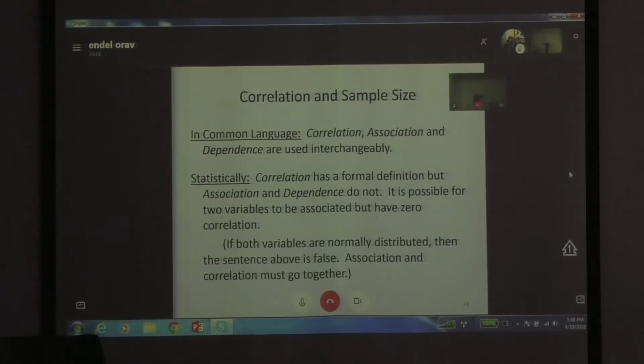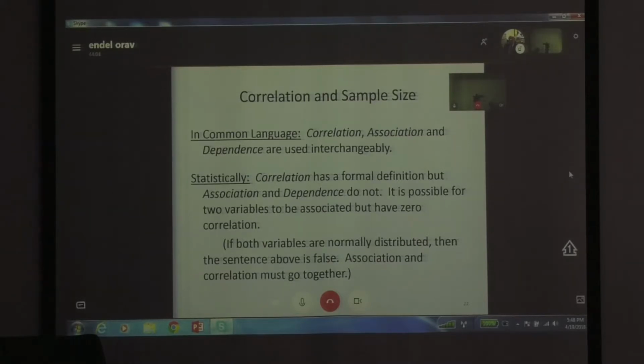So zero correlation, no association. If the data aren't normal, then you can have zero correlation, but you can still have association. For now, we're assuming the data are normal, so zero correlation, no dependence, and no association are synonymous.